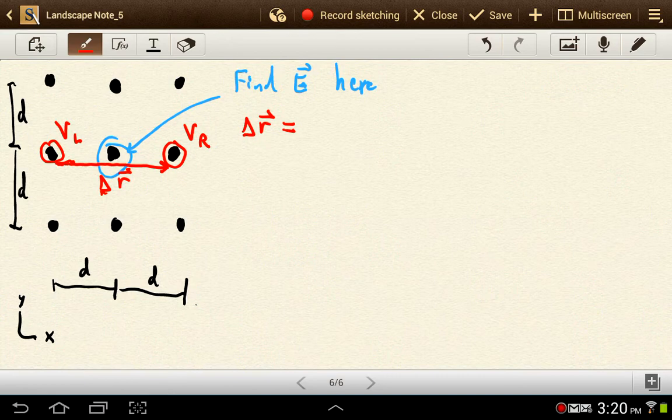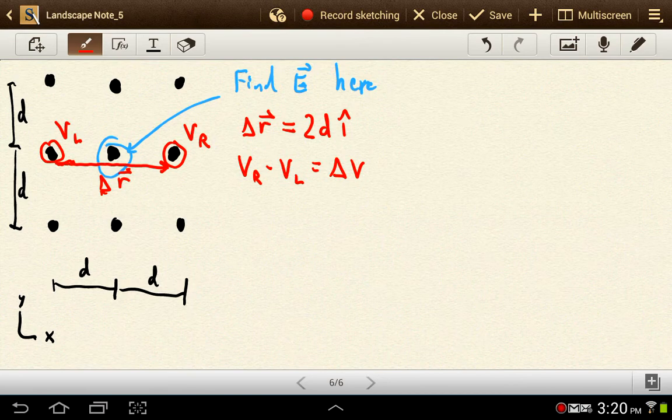I'm going to use that as my measuring stick, so to speak. Delta R is 2d long, so it goes in the x direction. So delta R is 2d I hat, and then your VR minus VL is your change in voltage. That's the delta V you need to use.